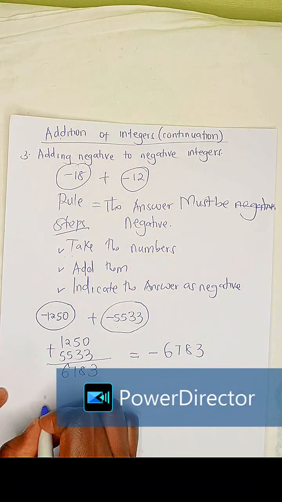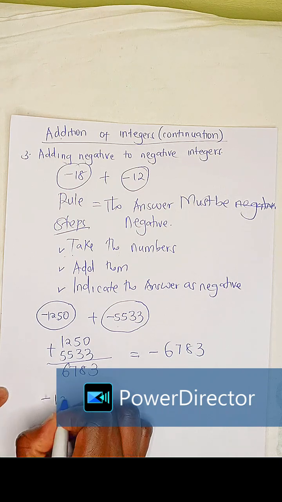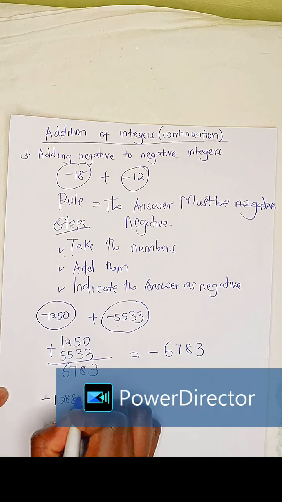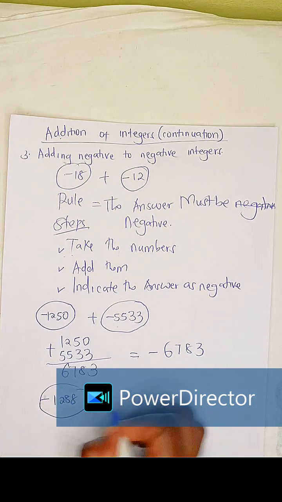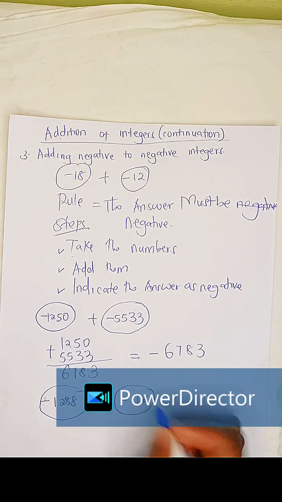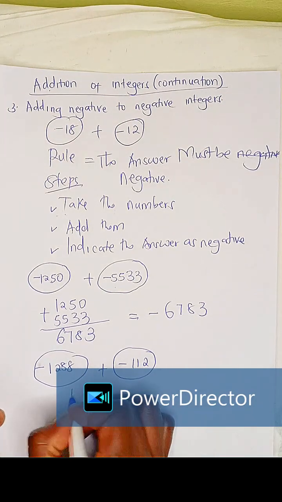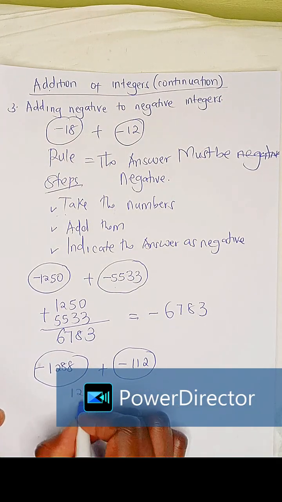We have another example here. We have a negative 1288. We are adding it to a negative 112. The number one step, as usual, we take the numbers 1288 and 112.